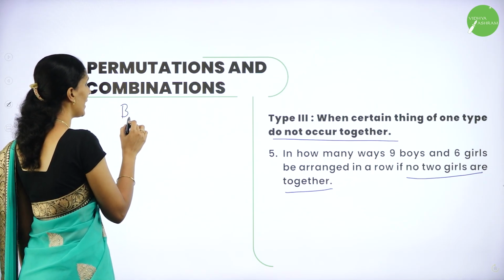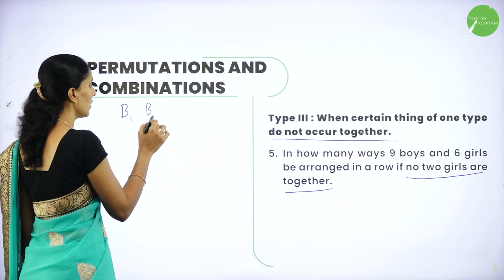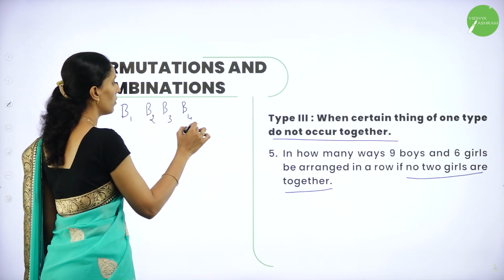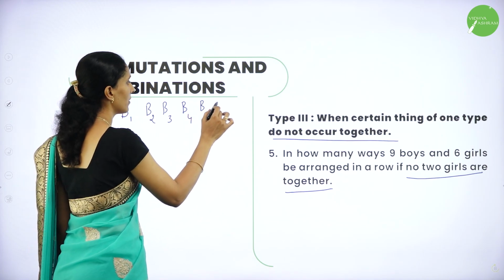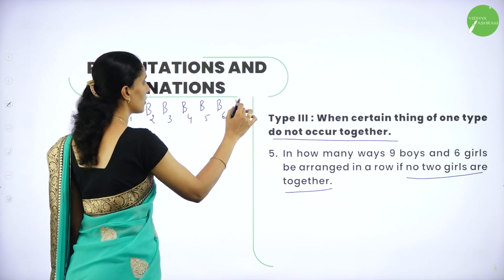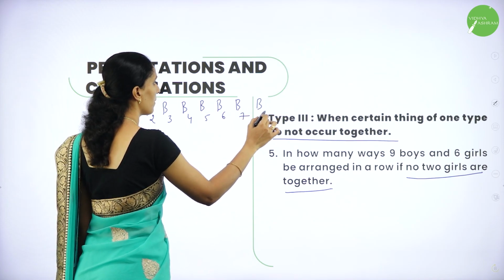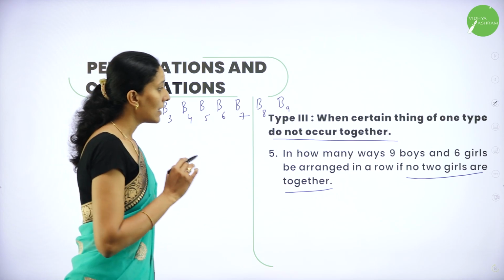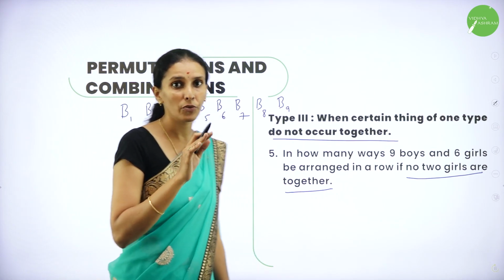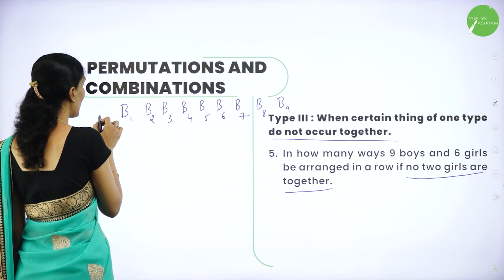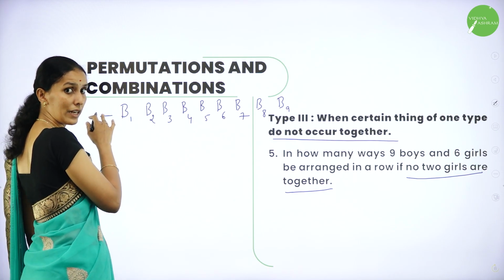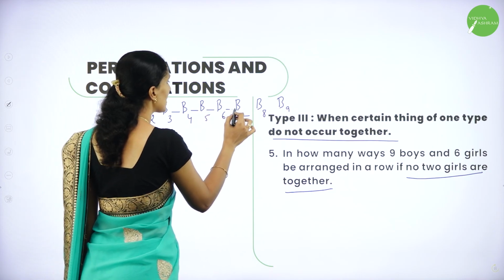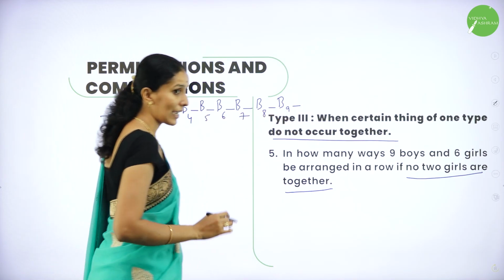Let me take them as B1, B2, B3, B4, B5, B6, B7, B8, B9. So these are boys. Girls must be filled in between the boys. So how many empty places do we have? We can start filling from the first. So these are the empty places where girls can take their places because they can't be together.